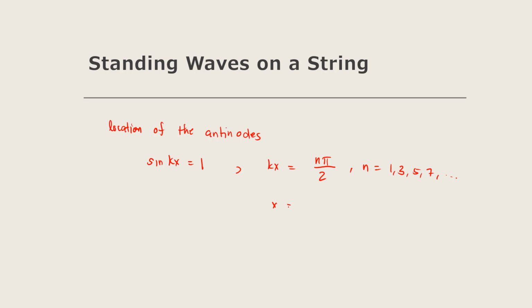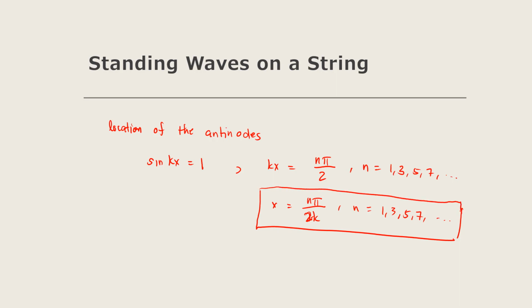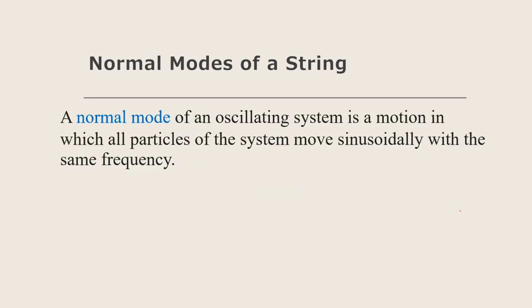Or we have x equal to n pi over 2k, where n equals 1, 3, 5, 7, and so on. Okay, so these are the locations of the displacement antinode.